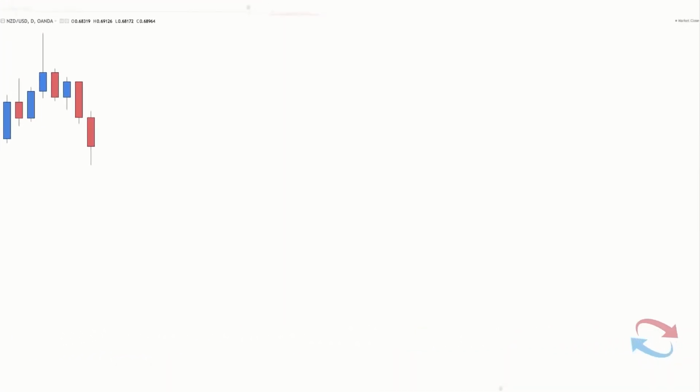So let's look at supply on a candlestick chart, on a daily chart, using the New Zealand dollar US dollar. Now, what we have here, if I get my pencil, is a high, and then a pullback, and then a sequence.